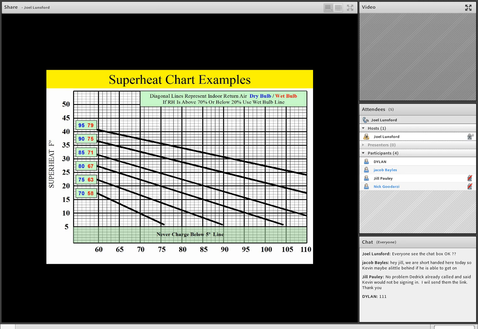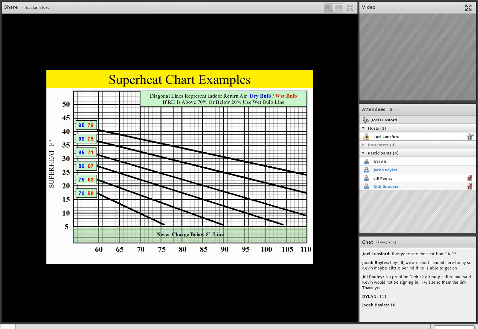And so in this example, here in Mobile, we have a 71 degree wet bulb temperature, and it's 90 degrees outside. So it's been raining, and it's wet, and it's nasty outside, and it's humid. 71 degree wet bulb temperature, 90 degree outdoor air temperature. Under those conditions, team, tell me, what should my superheat be off the chart? 18. That's close enough. Excellent.